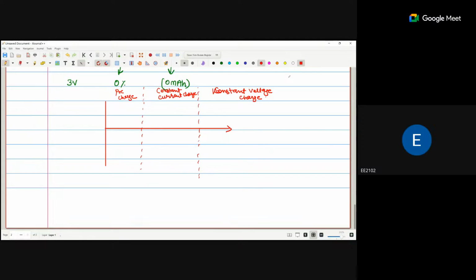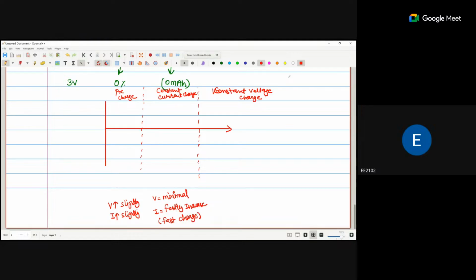In the pre-charge condition, your voltage will increase slightly, as well as your current will also increase slightly. In the constant current charge, your voltage increases minimally but your current increases fast. That is also called the fast charge.